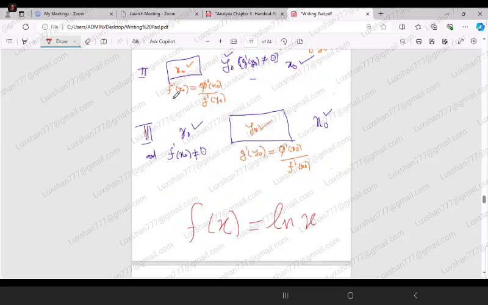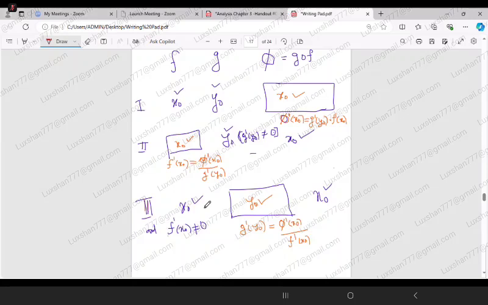Therefore, out of these three, which are we going to use now? Can anybody tell me? Yes, we want to use the second one, because now we want to prove f is differentiable. We know that g is differentiable and g circle f is differentiable, so we can use this idea.